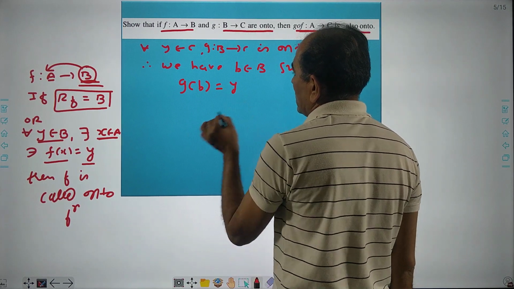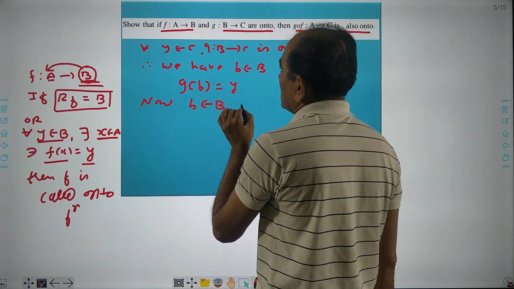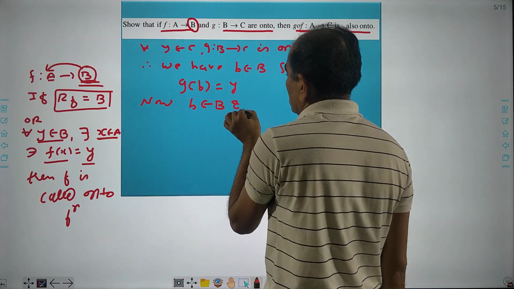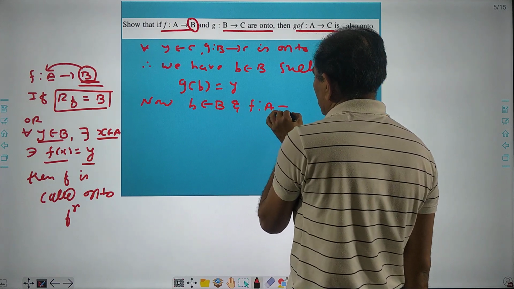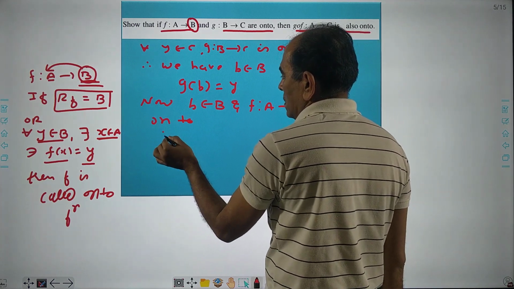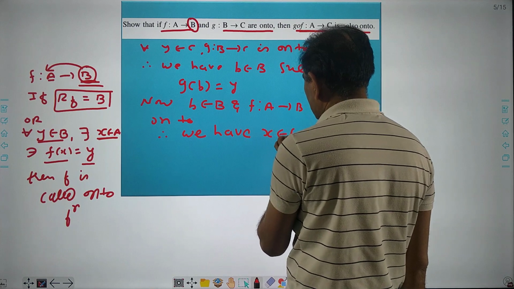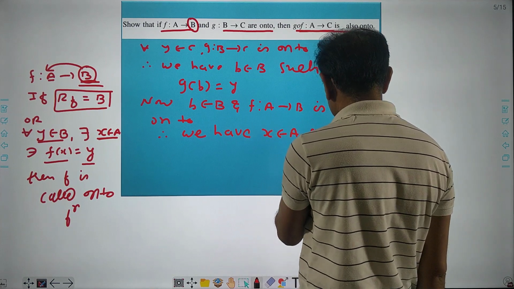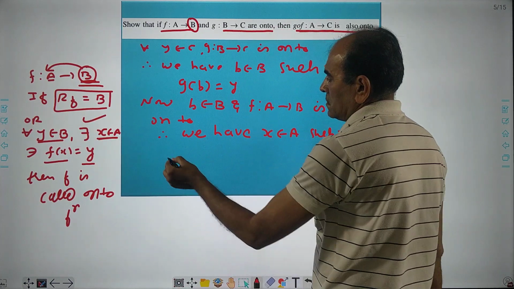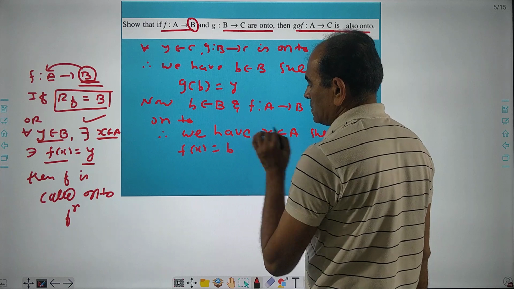Now b belongs to B, that is in the codomain of f, and f from A to B is onto, and therefore we have x belongs to A such that f of x is equal to b.